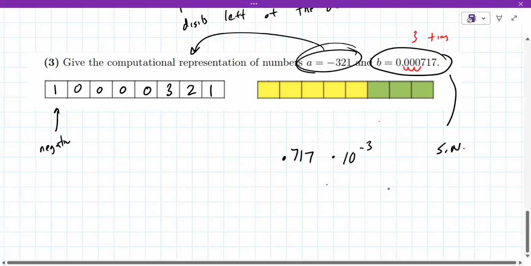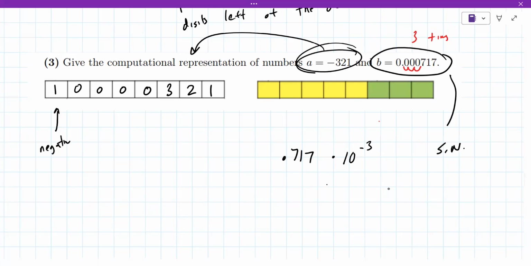Now, you have 717. So that goes in the yellow here, 717. Because it's positive, you put a 0 here, and then you fill in the other ones like that.